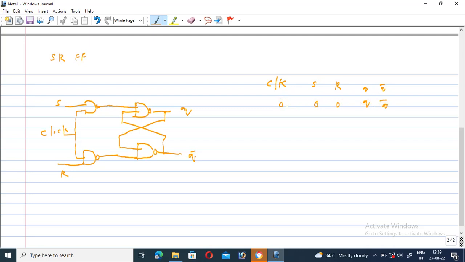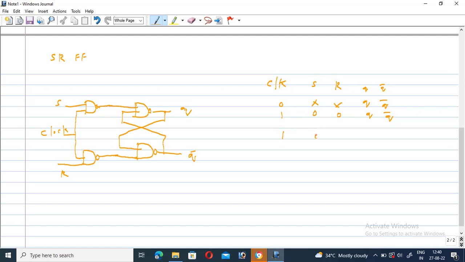So that is the no effect condition. When the clock is off, the inputs are don't care. Here 0 0 means that it maintains the previous value. That's why it is called the memory state.